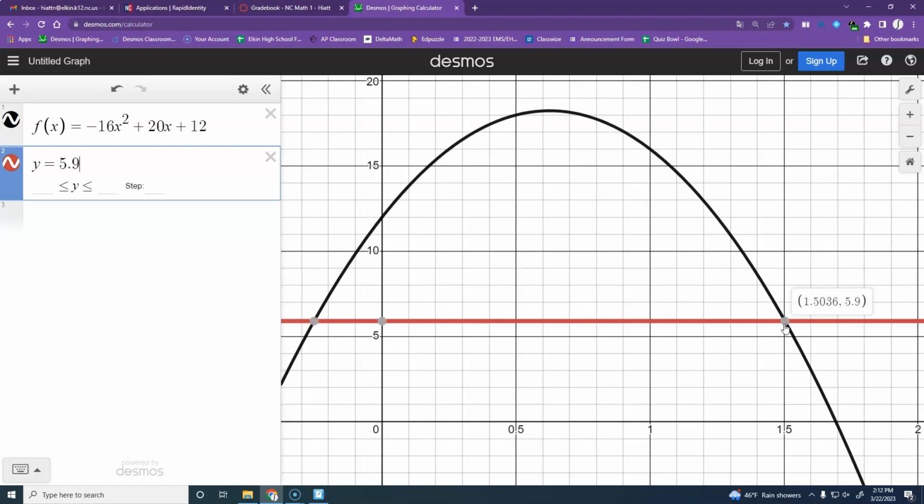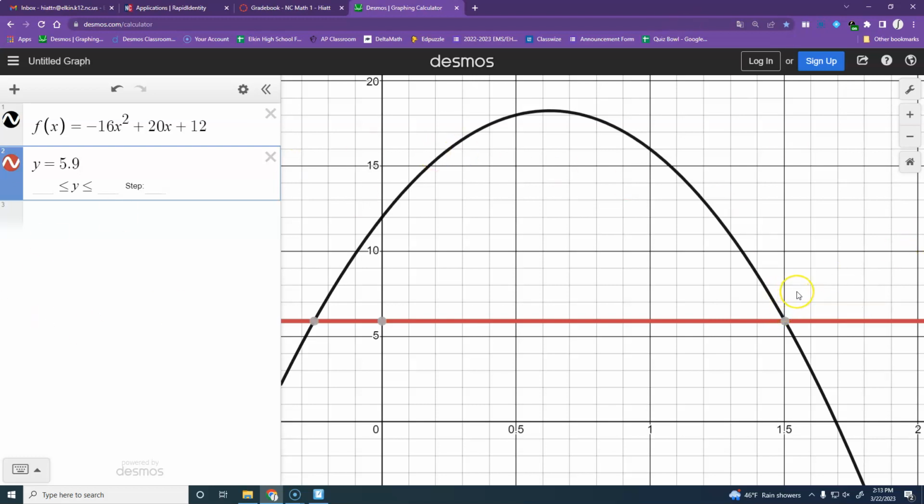So if he sees me throw the ball at him with my deadly accuracy, he will have 1.5 seconds to dodge the ball before it actually gets there. So he's probably in pretty good shape there. Oh, I probably have terrible accuracy in reality here.